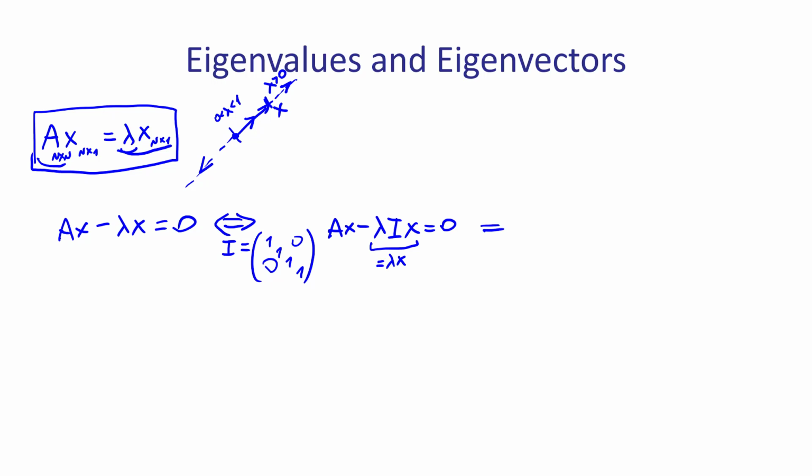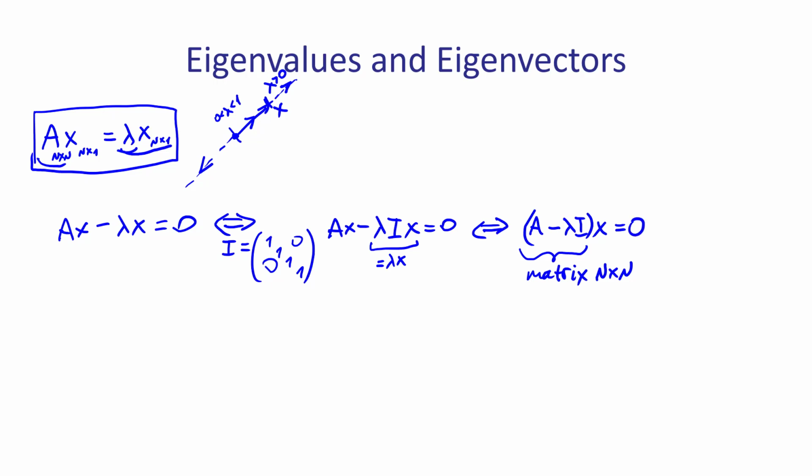Now, this I can write as A minus lambda I, just combining the terms of x, multiplied from the left by x. Pay attention that this is a matrix n by n. So I still can do that. And this one equals 0.